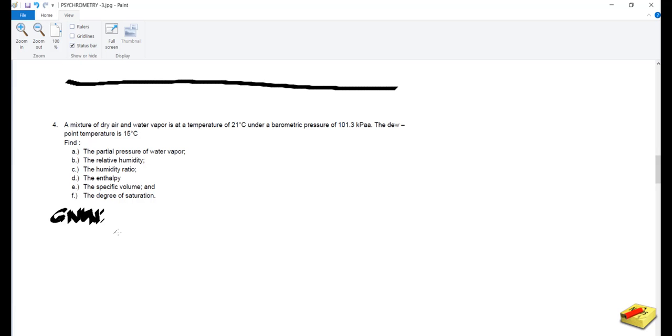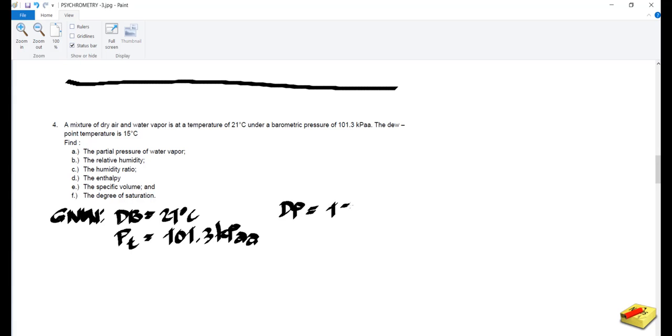So we have your dry bulb, 21 degrees Celsius, under the barometric pressure, which is your total pressure, which is 101.3 kPa absolute. Then we have the dew point, DP, which is 15 degrees Celsius.